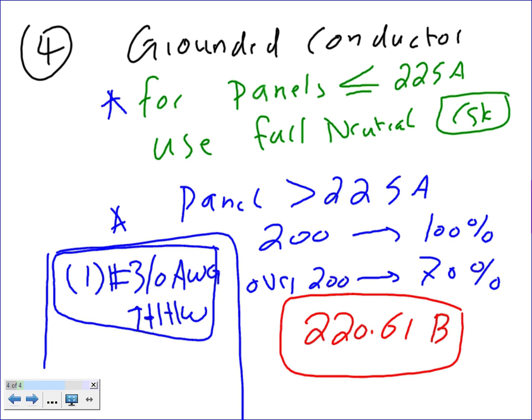You can't apply the second rule for it, even our panel, it's less than 200 amp. So we pull a full neutral.